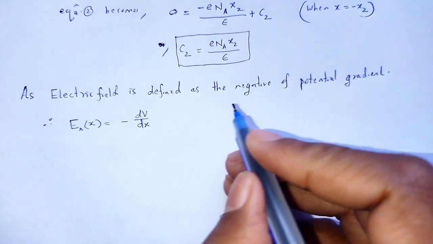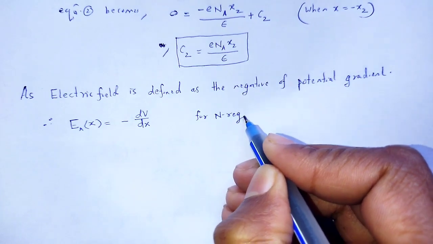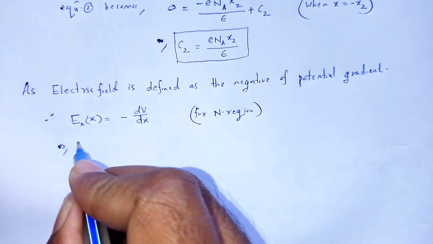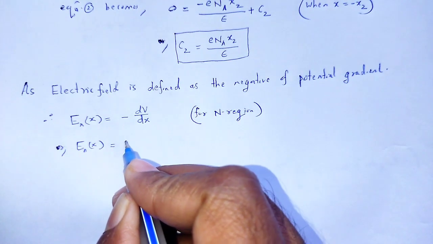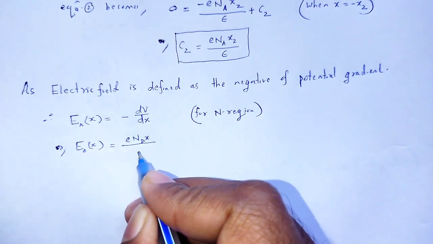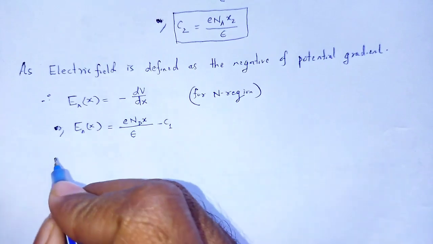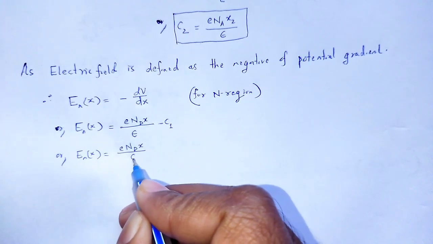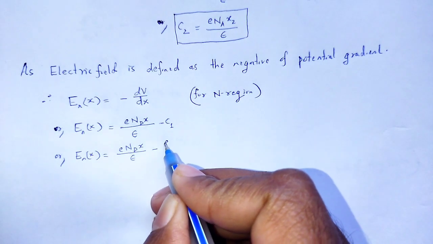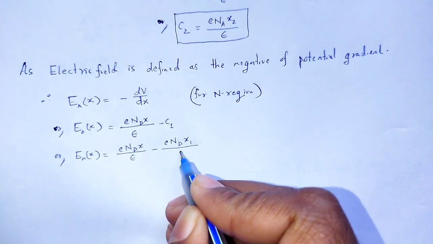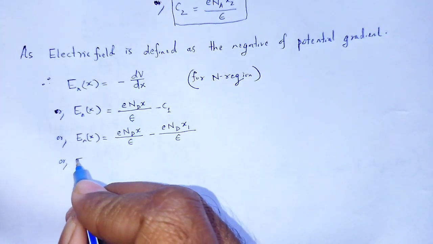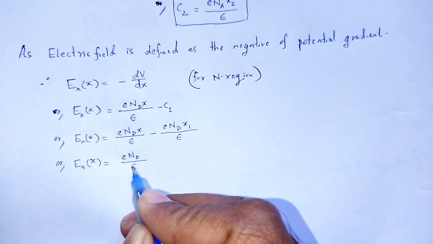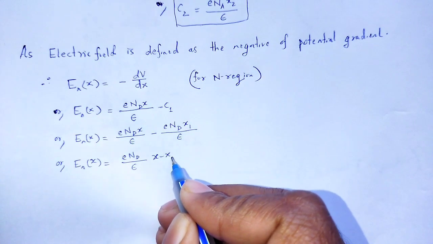So, n region dV by dx is put in: E n of x is equal to q N d x divided by epsilon minus C1, or E n of x is equal to q N d x by epsilon, value of C1 minus q N d x1 divided by epsilon, or E n of x is equal to q N d divided by epsilon, as common inside that bracket, x minus x1.